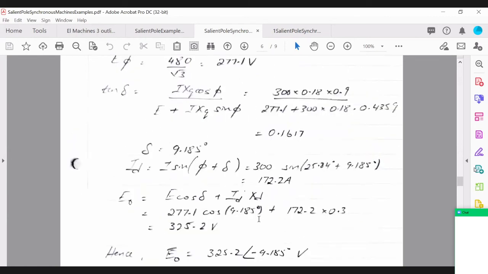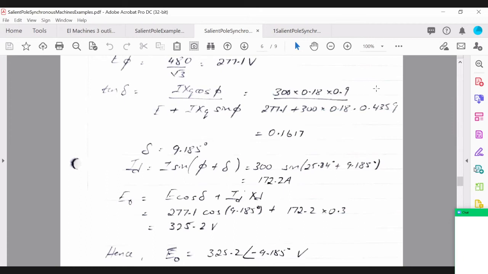The next step is to determine what will be the load angle for this particular operation, where your machine is drawing 300 amps from the mains at a particular power factor. So using this equation, tan delta is I XQ cos phi over E plus I XQ sine phi.